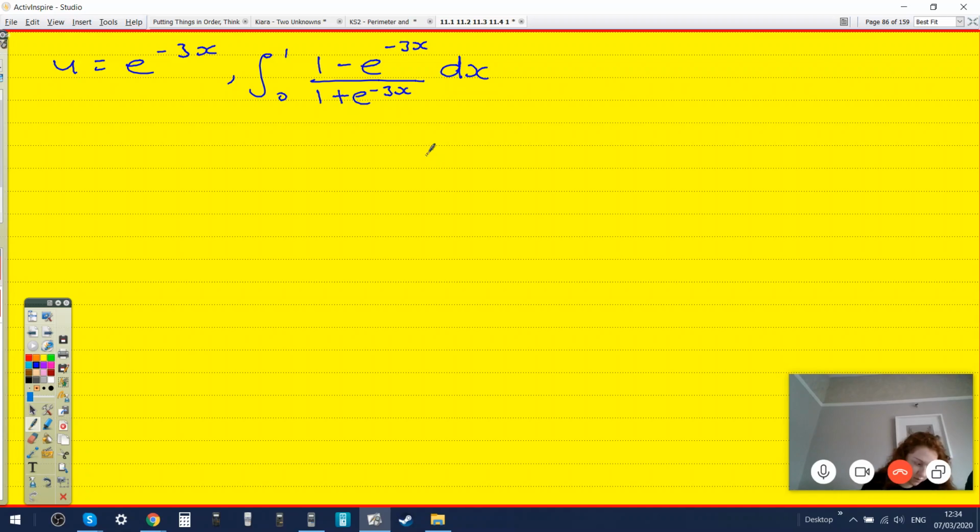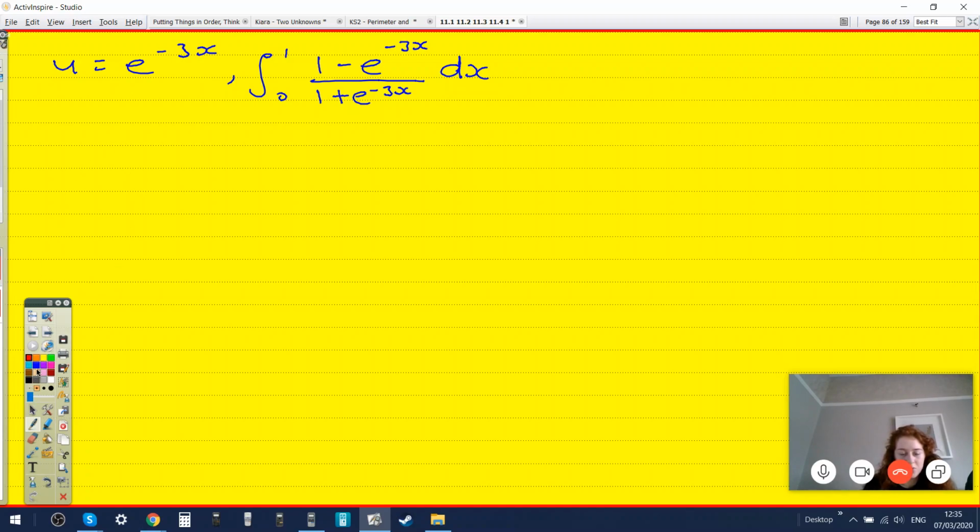So we can start off by changing the u to equal x, which I'm not sure how to change the e. Do you know what the opposite of e is? It'd be just ln.